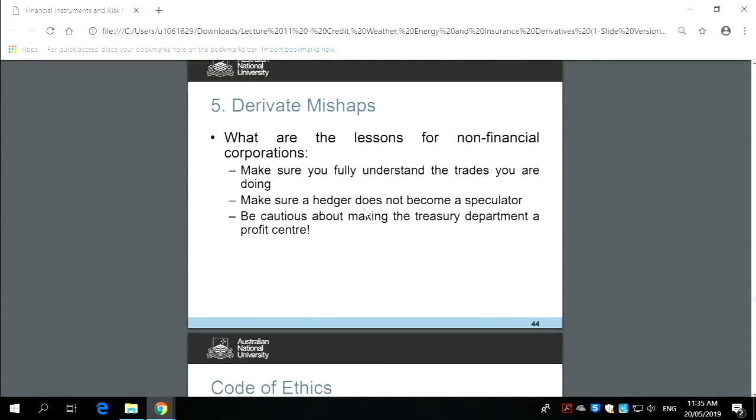Okay, here are some more recommendations for non-financial corporations, which are quite similar to what we talked about before. One thing I want to emphasize is don't try to make your treasury department into a profit center. For instance, if you are an oil company, your main business is producing and selling oil, right? Having derivatives in place is to help you manage that risk.